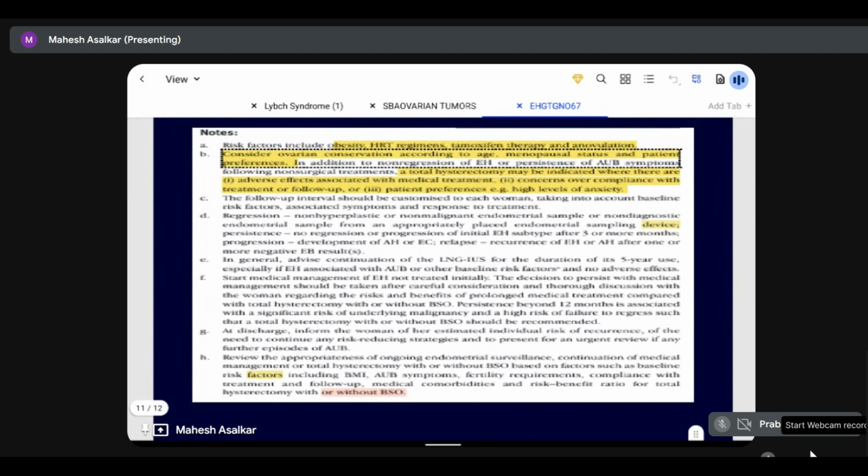Persistence beyond 12 months is associated with a significant risk of underlying malignancy and a high risk of failure to regress, such that a total hysterectomy with or without BSO should be recommended. So you have to counsel the patient if the endometrial hyperplasia is persisting more than 12 months. In that particular case the risk of progression is high, and that is why total hysterectomy with or without BSO is recommended. So these are certain points from these notes.